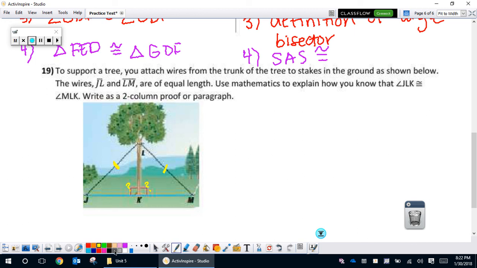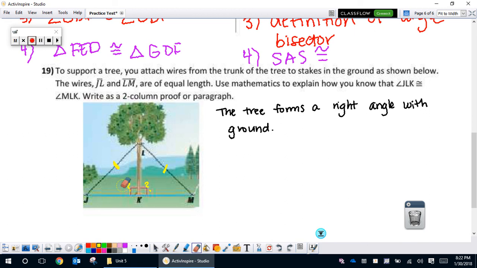So here's how I would approach this problem. I'm sorry, I put my question marks in the wrong side. The question mark should go at angle JLK up here. How do we know that those are going to be congruent?